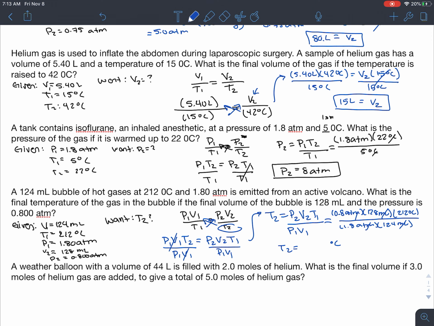You want a temperature, and you'll be left with degrees Celsius, so your setup will work out. And you just multiply 0.8 times 128 times 212, divide that by 1.8 multiplied by 124. And you should get 97 degrees Celsius. Let's see how many sig figs we want. We want 3, so 97.3.